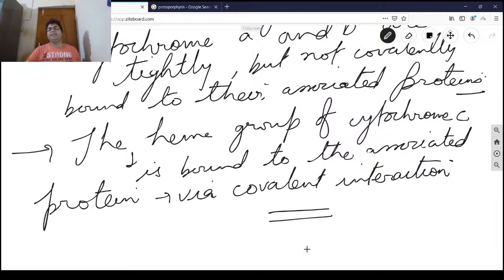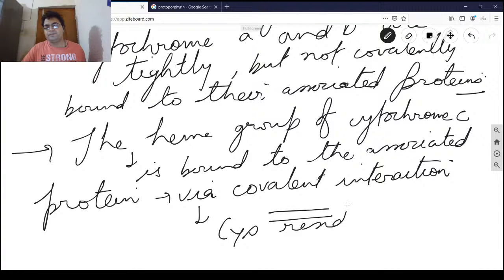This is very important, because the heme group of cytochrome C binds to the polypeptide chain of the cytochrome via covalent interaction through its cysteine residue.